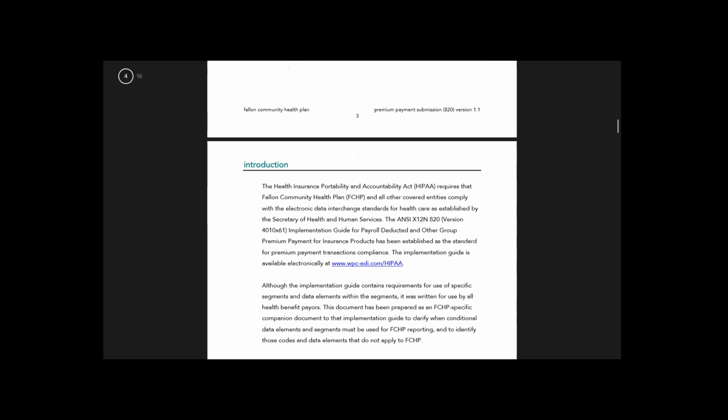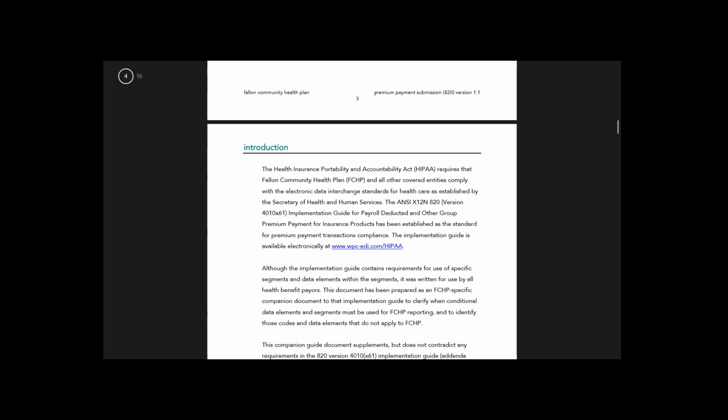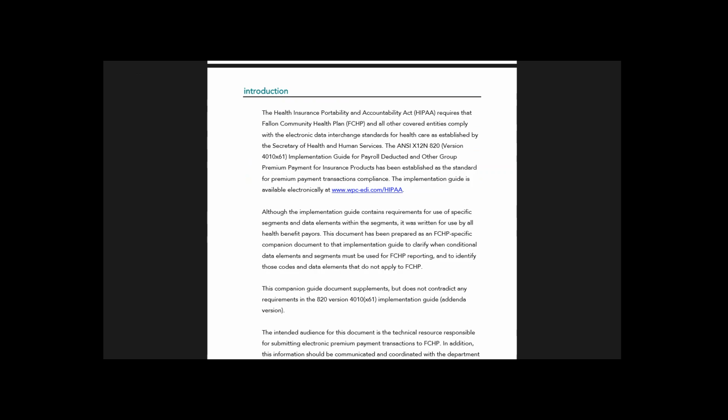Now let's move on and see some of the things which we will talk about. See, the primary key area says that the 820 implementation guide for payroll deducted and other group premium payment for insurance products has been established.